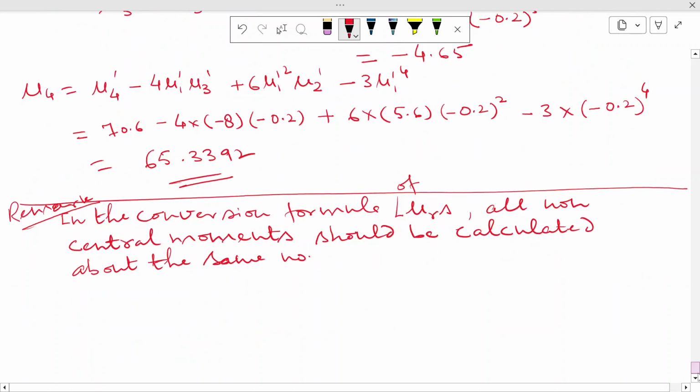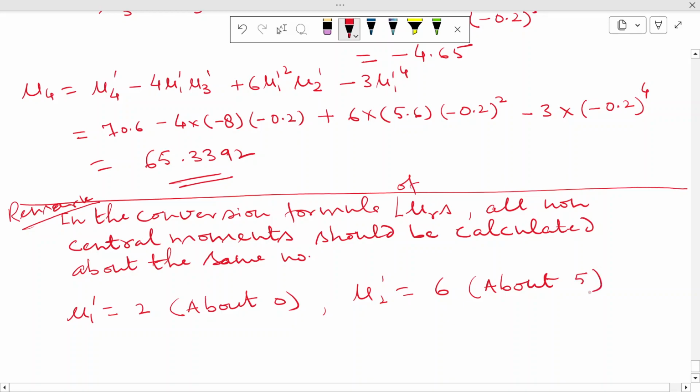Okay, so why do we have this remark? If you are given the first non-central moment as 2, and this is about the origin, or you can say 0, and you are also provided mu2 dash as, let's say, 6, and this moment is about, let's say, 5. Now you cannot use mu2 equals mu2 dash minus mu1 dash square.